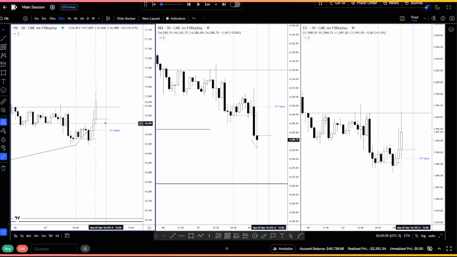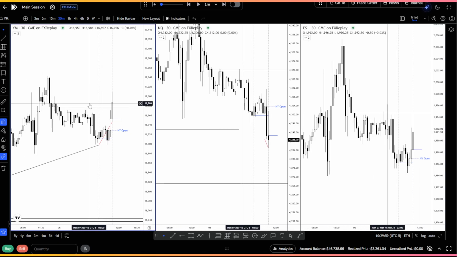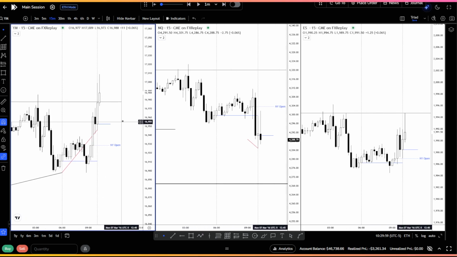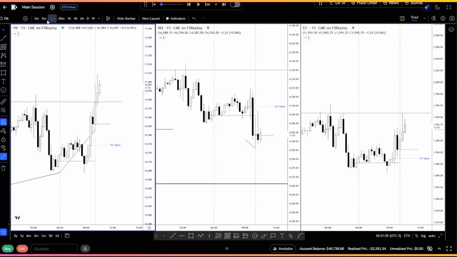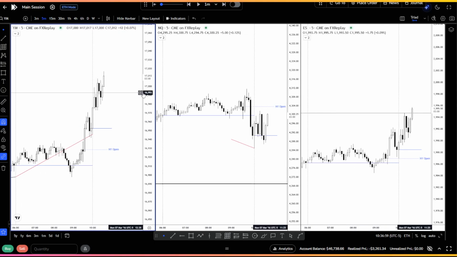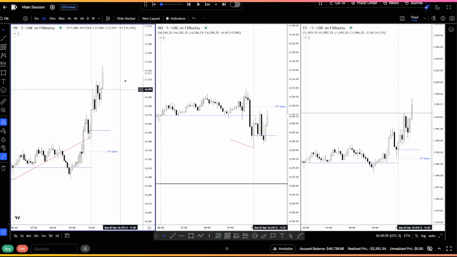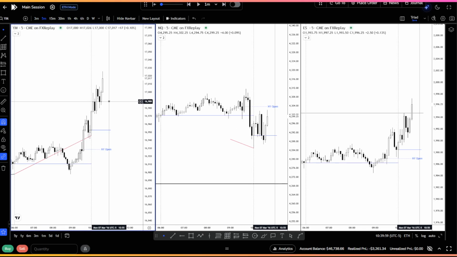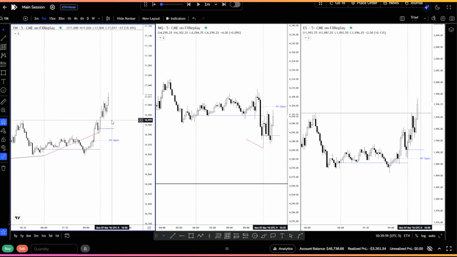Okay, 10 AM opens up, makes the high, and now we do have an SMT on the upside. Hmm. Let's just wait what happens. We do have this good close, really good close, in my opinion, on YM, since it's already expanding.